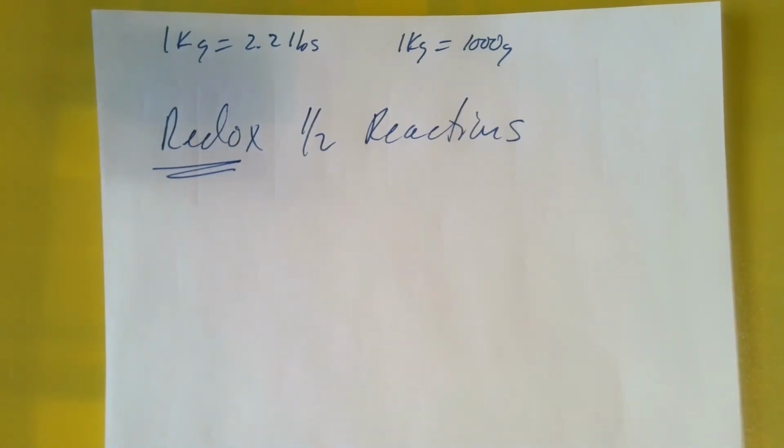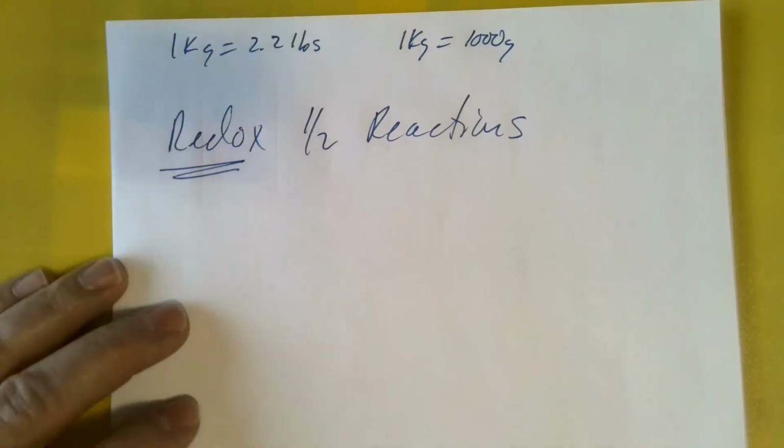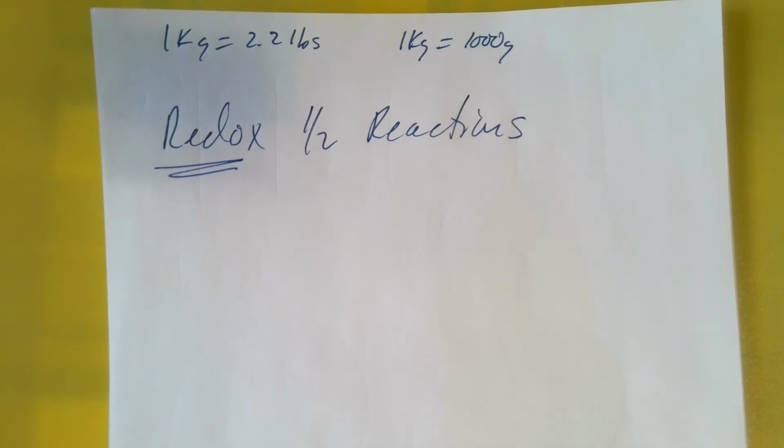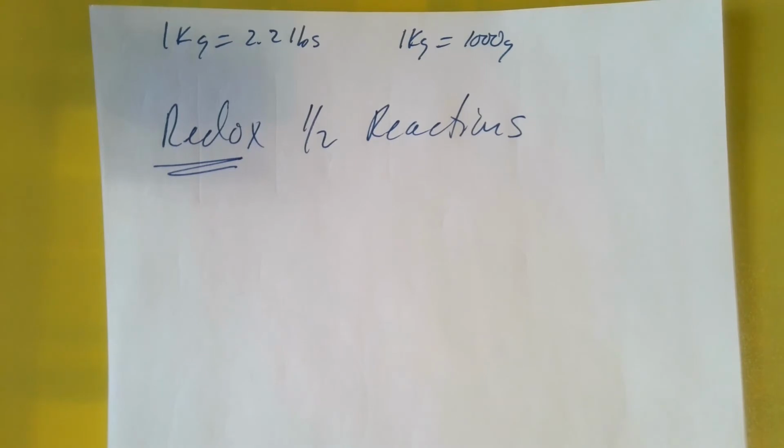The other is choose the half reactions that match, since it's multiple choice. So this is what we're going to do. I'm going to change this from what I did yesterday to give you guys some more examples. Does that make sense?